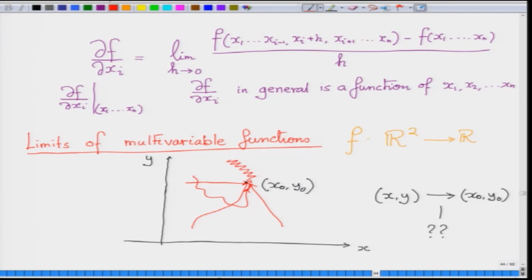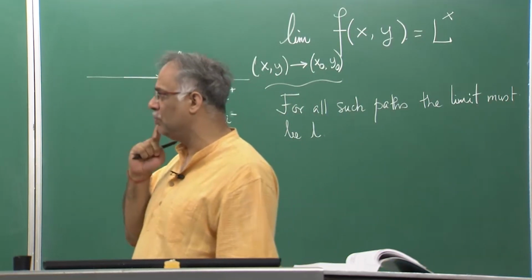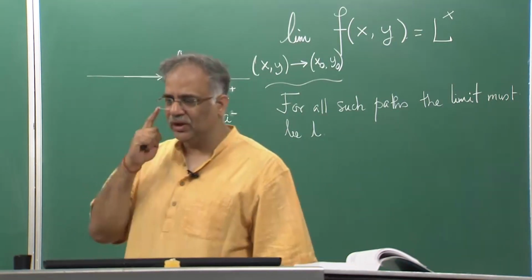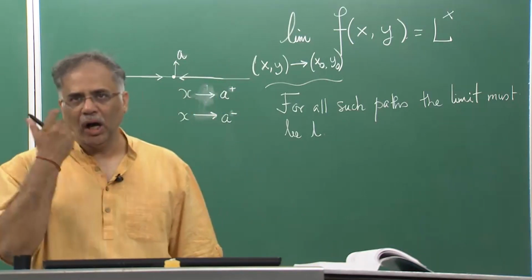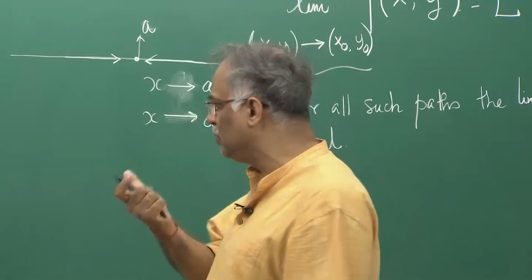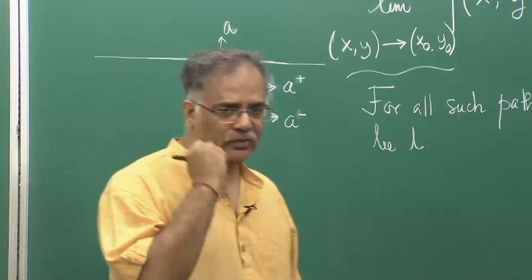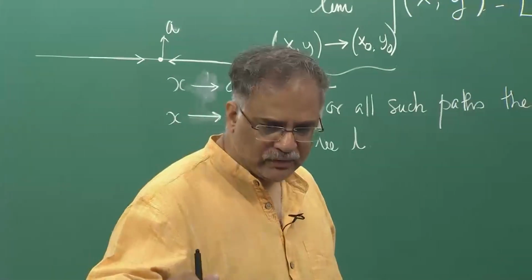Now, we would formally define, just like the epsilon delta definition that you know for functions of one variable, similarly we can give epsilon delta definitions for functions of more than one variable, and for that we need to know how to generalize the delta neighborhood that we continuously used when we spoke about functions of one real variable. You can have a look at the one real variable course.